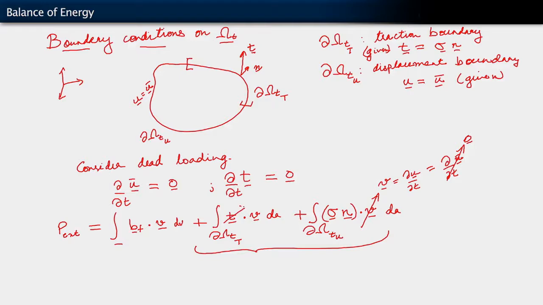And then when we apply the Cauchy theorem, we get that. So essentially we're applying our boundary conditions on these two boundary subsets. Never mind the fact that the second integral is 0.